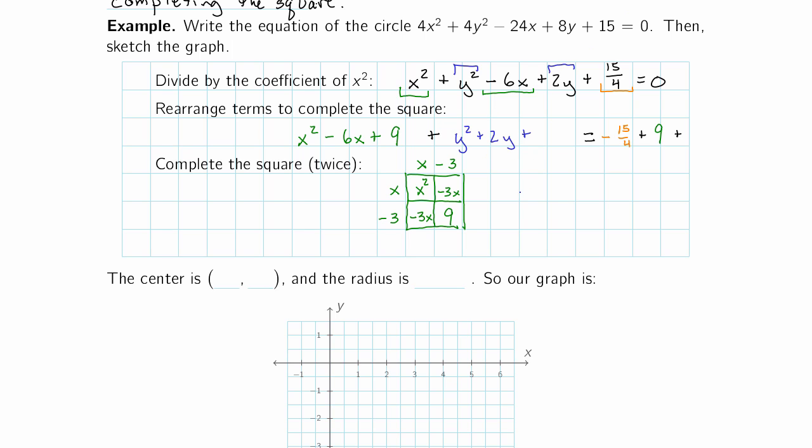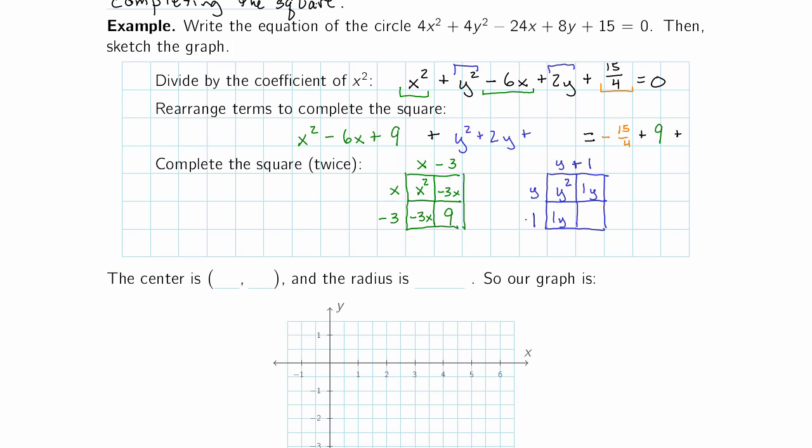Completing the square for the second part. For the y's now, I have a y squared. I have a 2y I need to split in half, so I'll have a 1y here and a 1y here. I've got a y and a y. This is y times 1, y times 1.